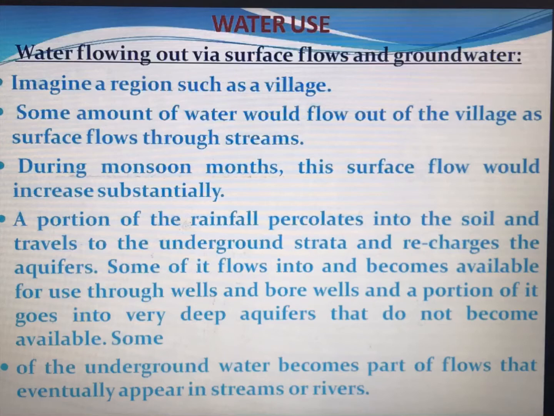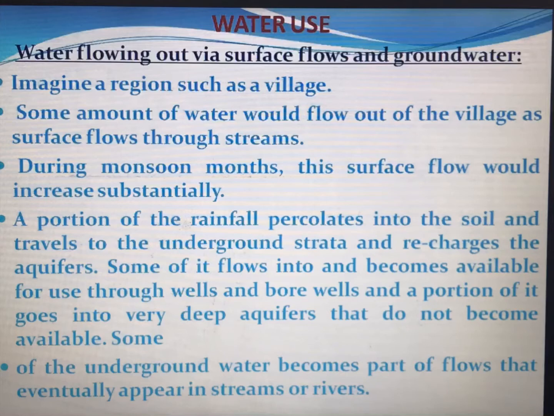At the same time, water flows out of the villages also. When the streams are full, the water comes out of the village. During monsoon months especially, this surface flow would increase substantially.